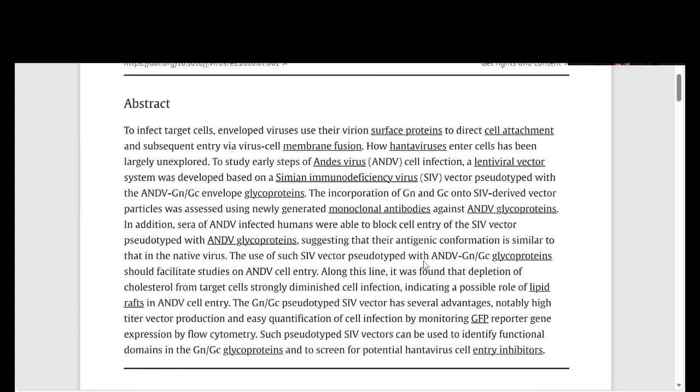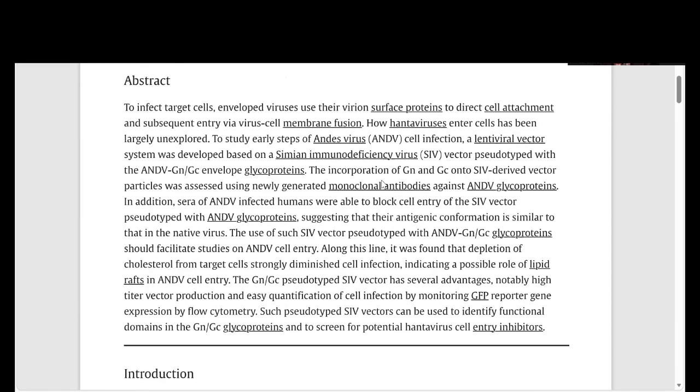But I want to make you understand that you can put the GNGC receptor of Andes on HIV or SIV. That's not pseudotyped. And that's dangerous. That's like super dangerous.